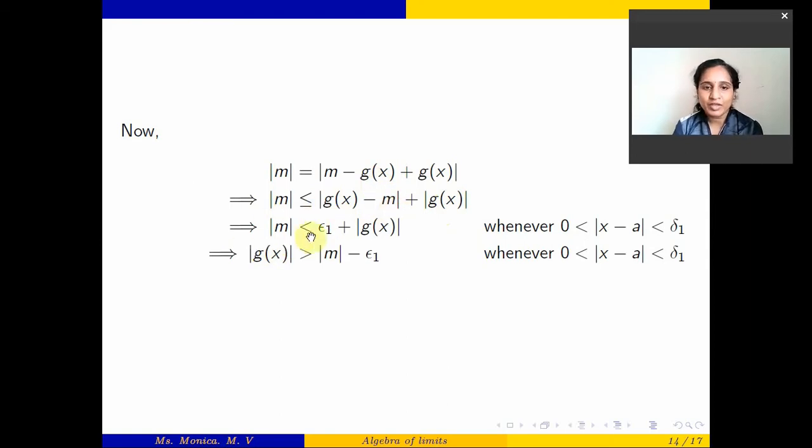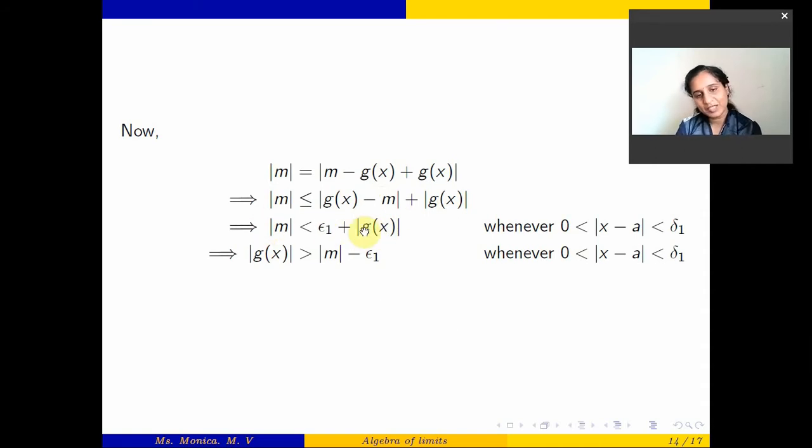Implies modulus of m, what did we do just now? Modulus of g of x minus m will be less than epsilon 1 whenever modulus of x minus a is less than delta 1. So mod g of x minus m is less than epsilon 1 when this condition is satisfied, plus mod g of x I am keeping as it is. I will shift epsilon 1 to that side.